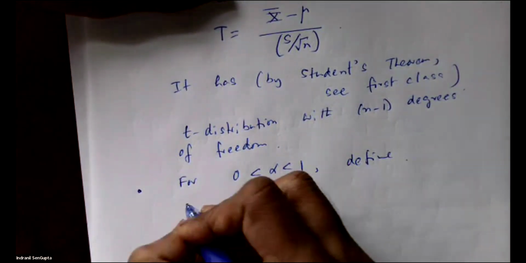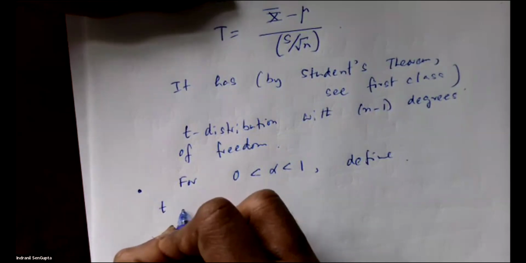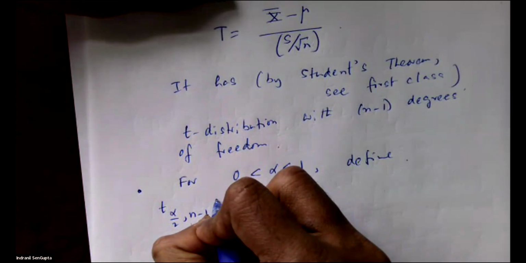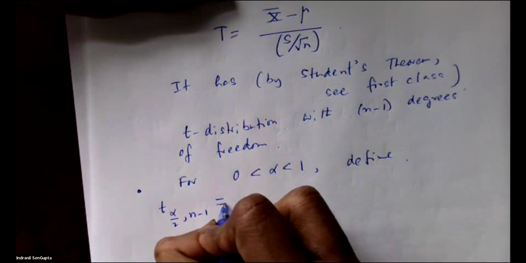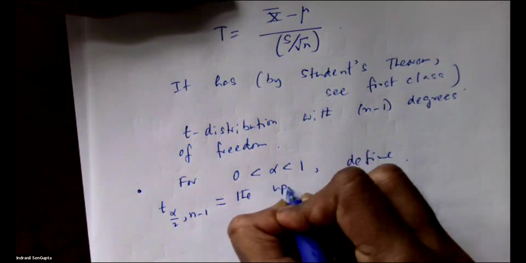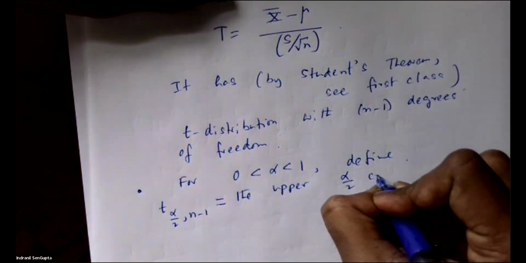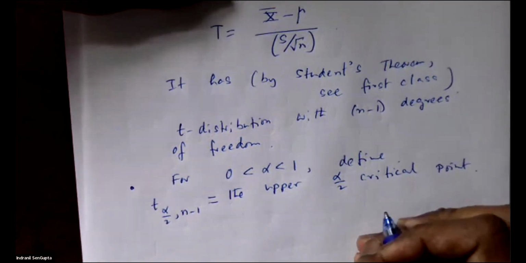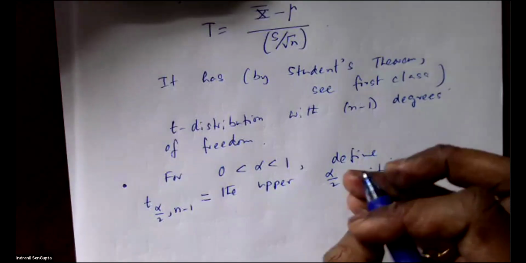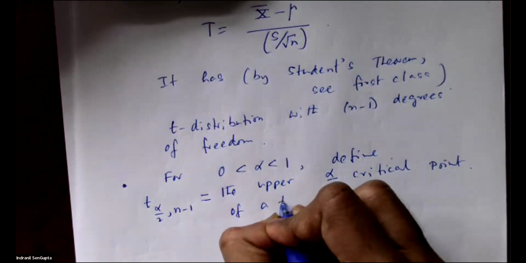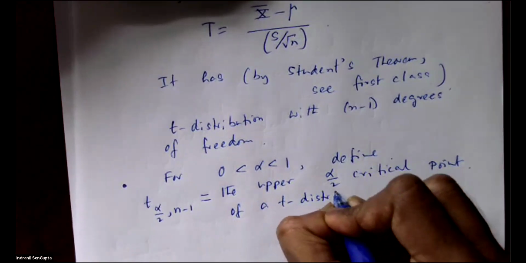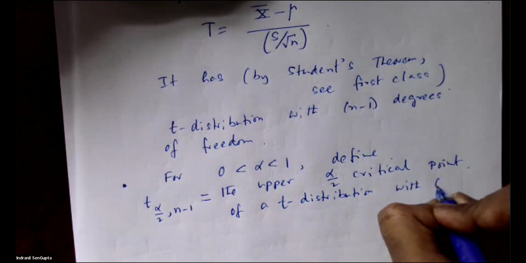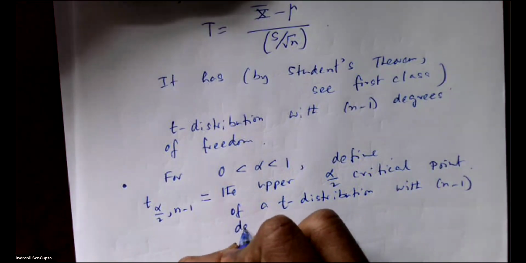Define the value t of alpha over 2 comma n minus 1 to be the upper alpha over 2 critical point of a T distribution with n minus 1 degrees of freedom.